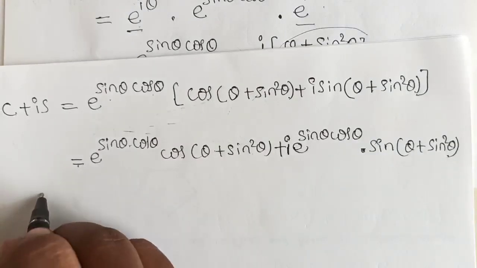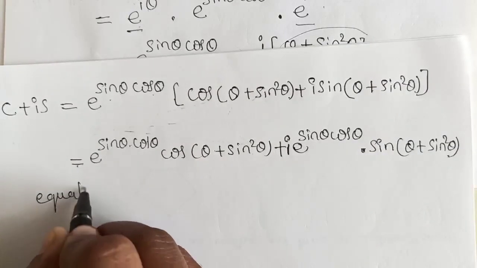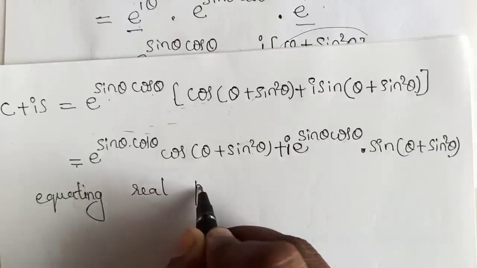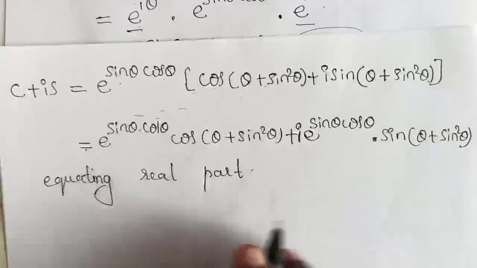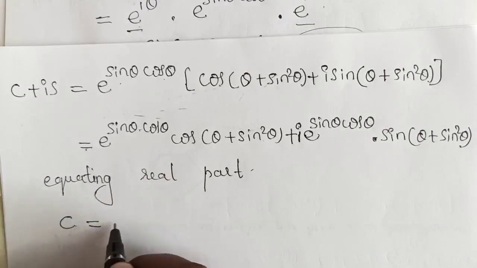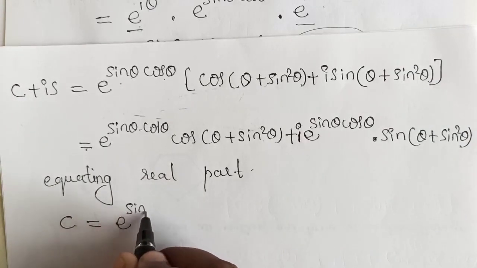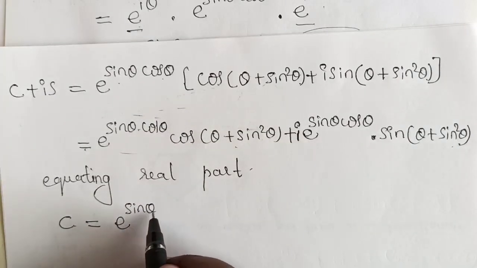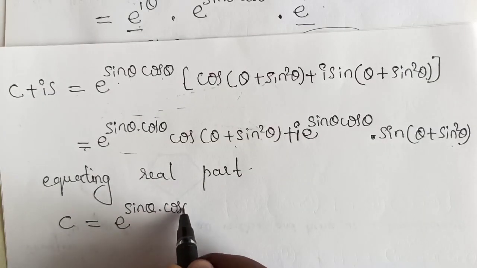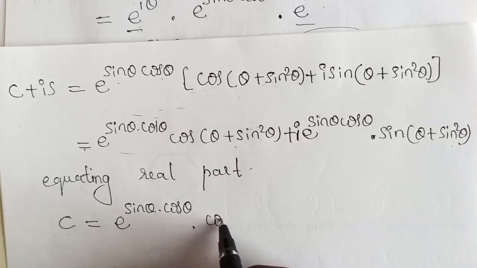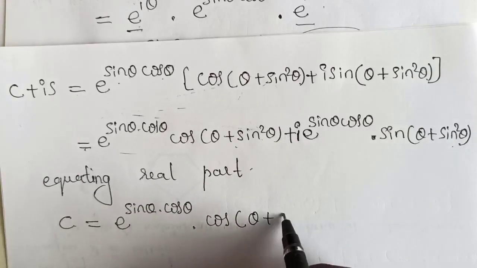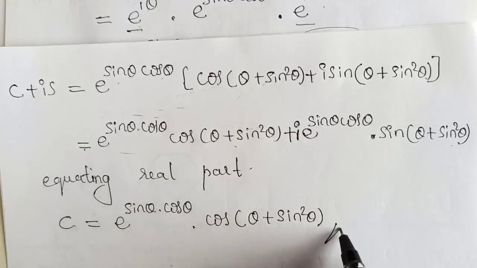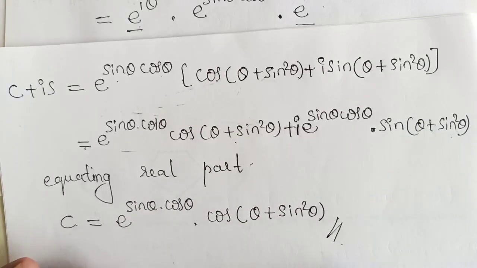Now equating the real part, because we need the C value, we get C equals e raised to sin theta cos theta, cos of theta plus sin square theta, so this is the required sum.